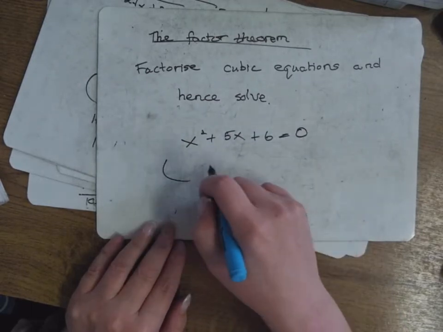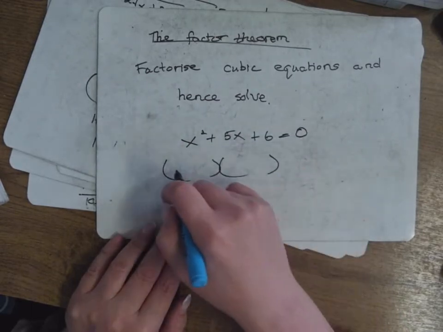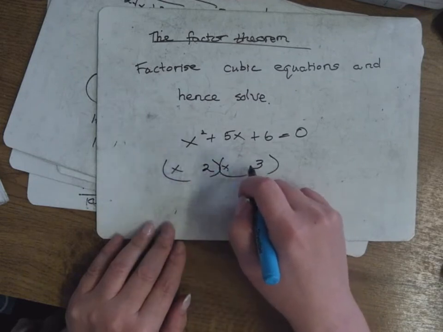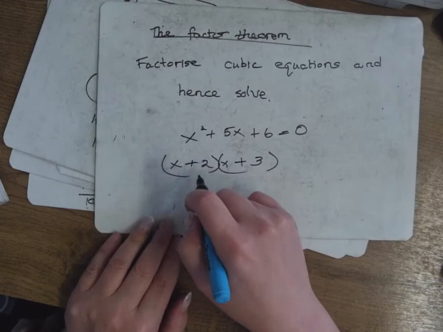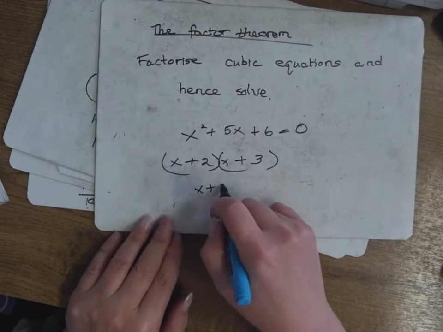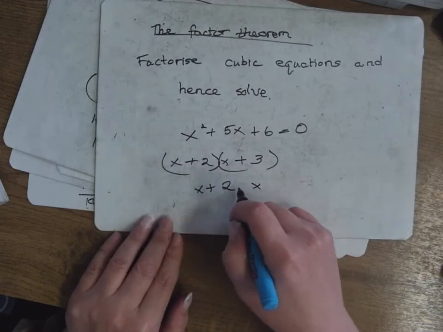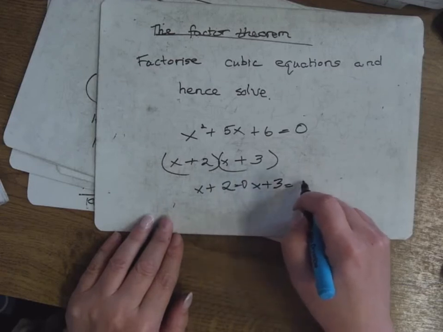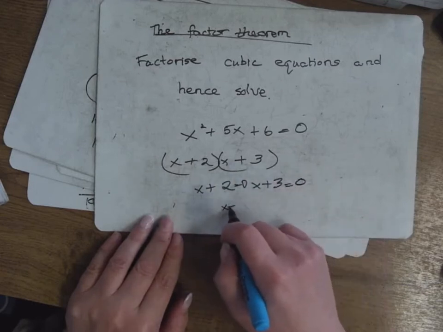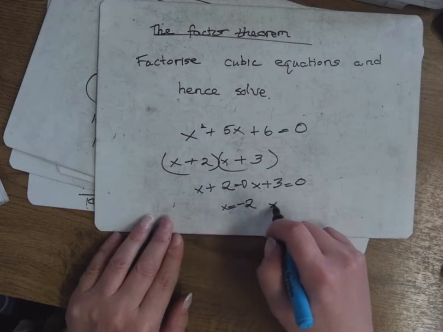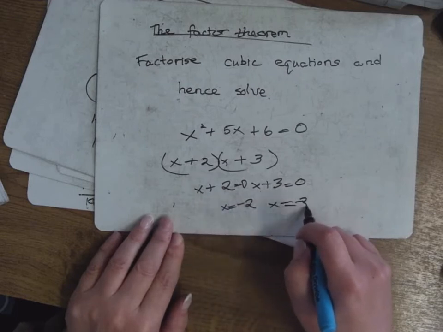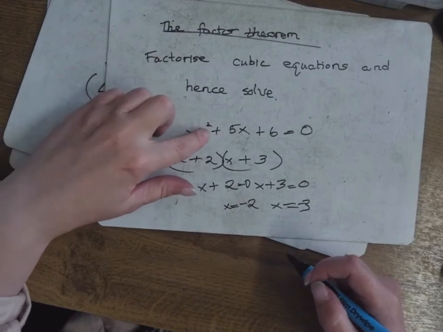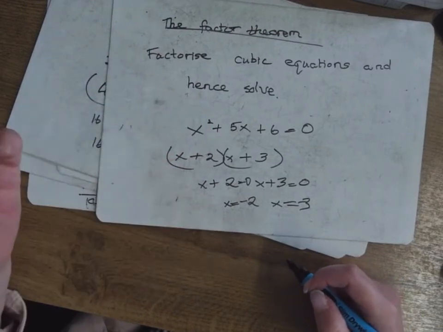Then we'd factorize that, x and x, 2 and 3, a plus and a plus, and you let each bracket equal 0: x plus 2 equals 0, x plus 3 equals 0, and you get x is minus 2 and x is minus 3. So you would factorize a quadratic equation which has a squared, and then solve it.